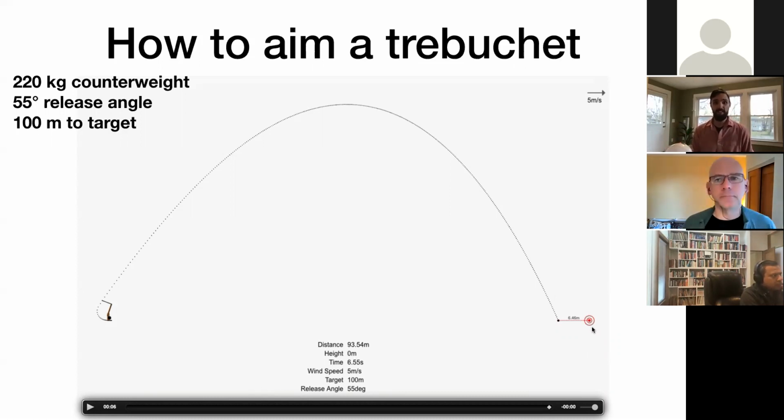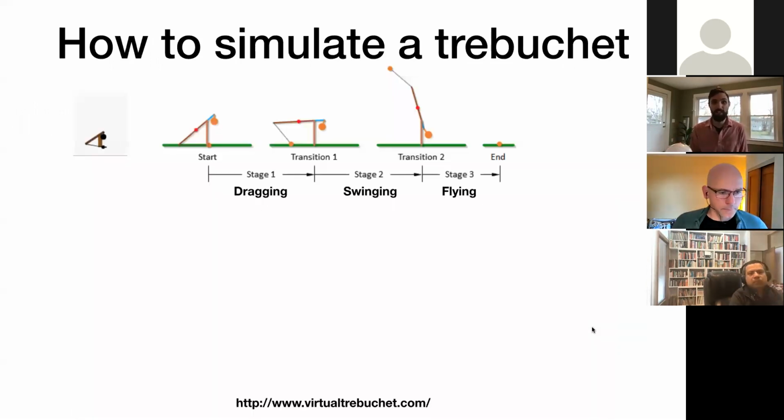So instead of loading up a medieval siege weapon in my backyard, let's simulate it in Julia, right? We know the equations of motion here. You can imagine this as 3 separate stages of equations of motion. You start with the projectile here on the ground, dragging along.